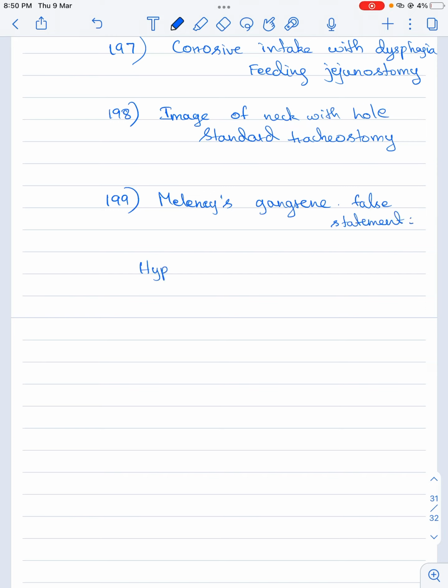So the answer to this was hyperbaric oxygen therapy does not decrease mortality. Actually, hyperbaric oxygen therapy will help in decreasing the mortality, so this option is false. Next question.